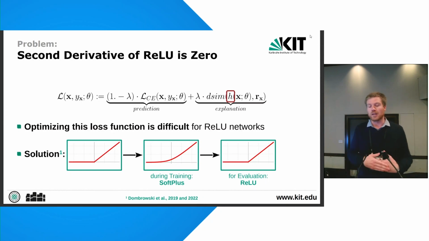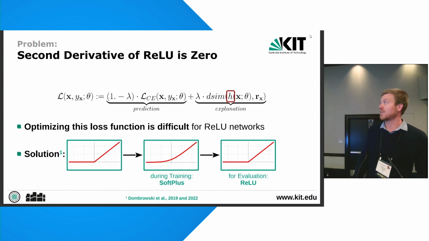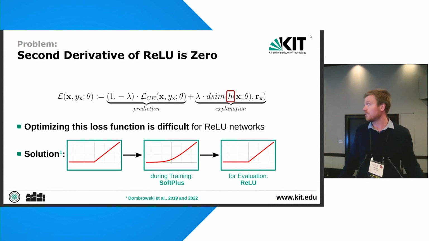We exchange the ReLU activation function during training by a smooth approximation, which has a real-valued second derivative. In this case, we picked the smooth softplus activation function, but we reset it to ReLU activation functions for our evaluation. So all pictures, all tables, all numbers are computed with the original activation function.